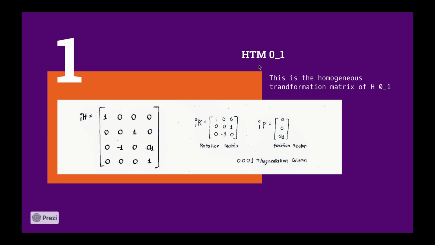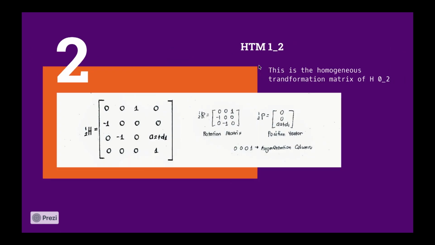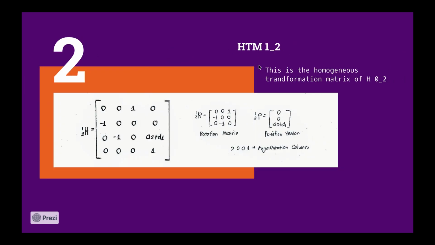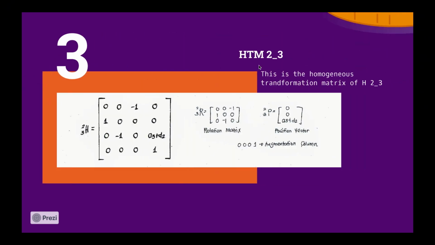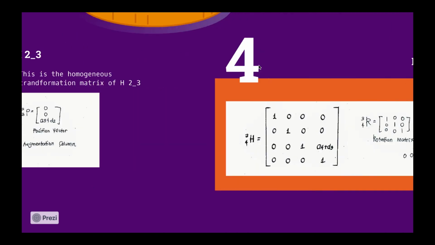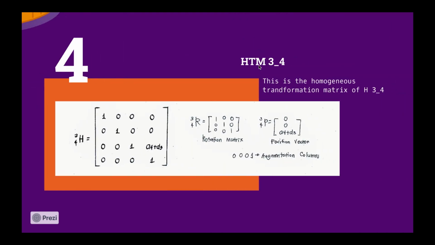So this is the homogeneous transformation matrix of H01. This is the homogeneous transformation matrix of H12. This is the homogeneous transformation matrix of H23. And this is the homogeneous transformation matrix of H34.